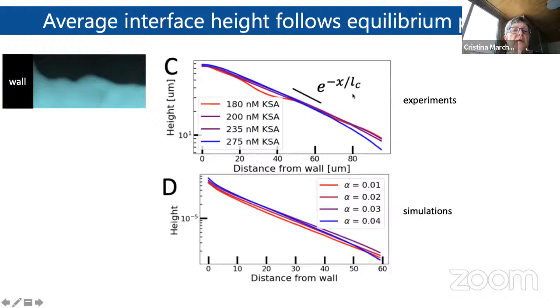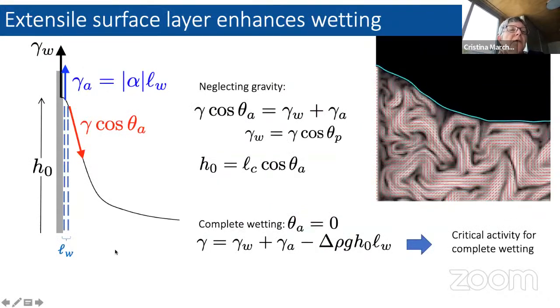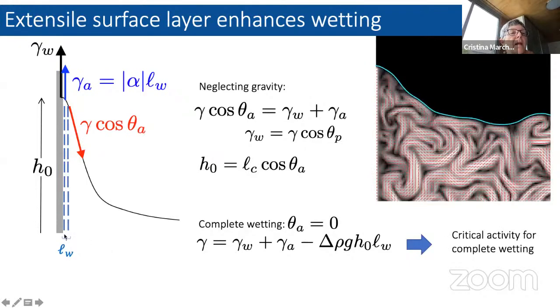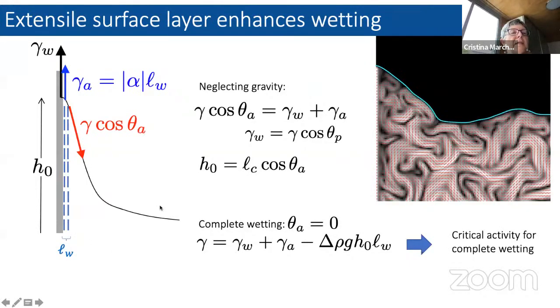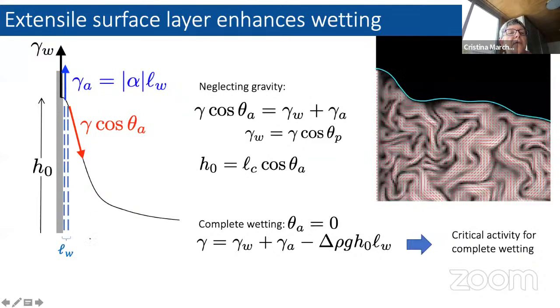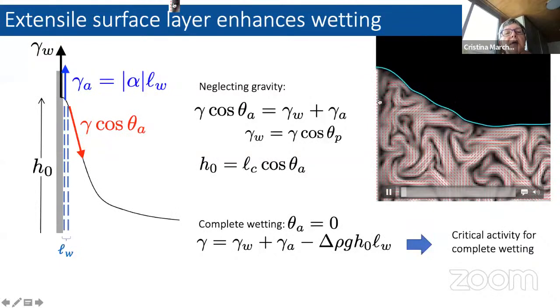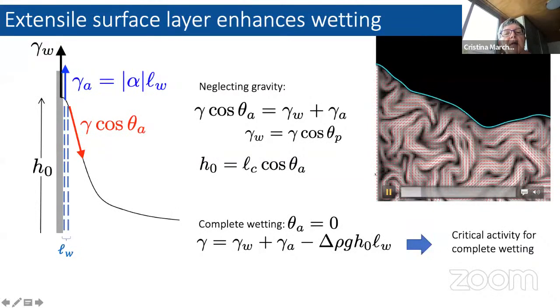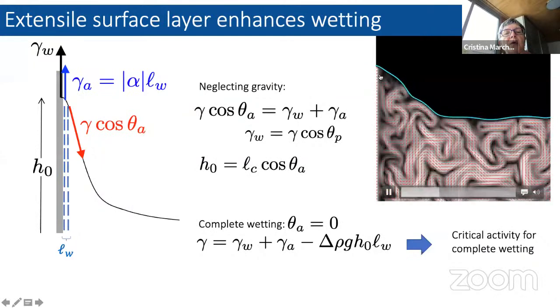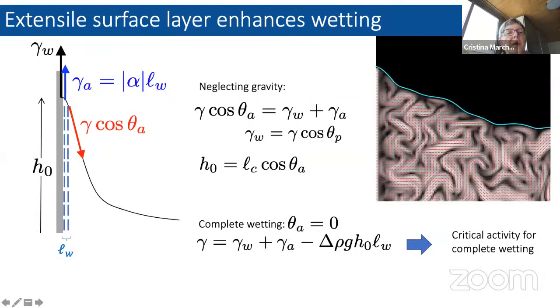So this observation allows us to construct a very simple phenomenological model, which is the following. So here is my interface again, but now we have activity, and we have down here our active microtubule system. That, if you see here in simulations, the microtubules also tend to form a thin layer aligned with the wall.